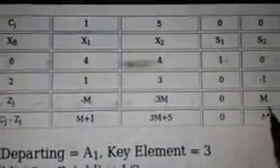Here 0 into this is equal to 0, and minus M into minus 1 is M. That is Zj equal to M. So now Cj minus Zj is 0 minus M, that is equal to minus M. Similarly, 0 into that a1 is 0, plus minus M into 1, that is minus M, that is Zj. Cj minus Zj is equal to minus M minus of minus M, that is equal to 0.